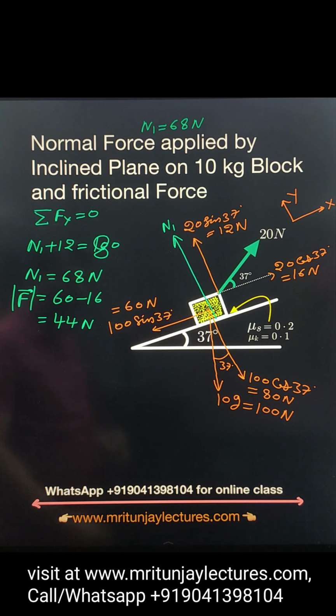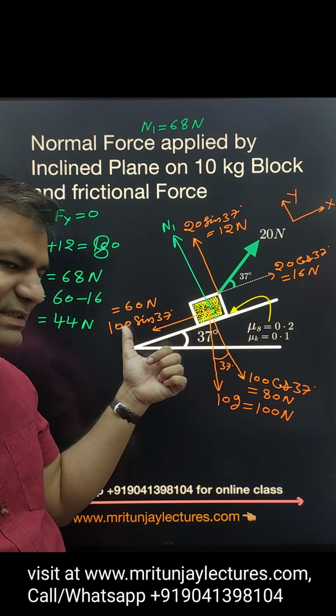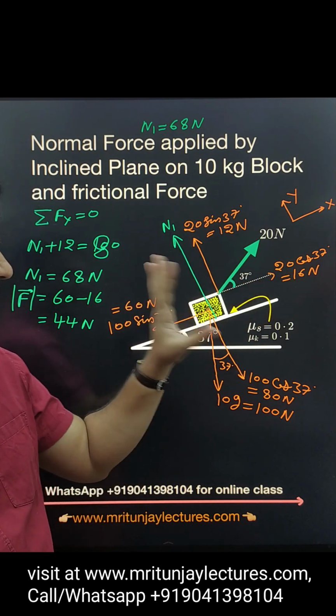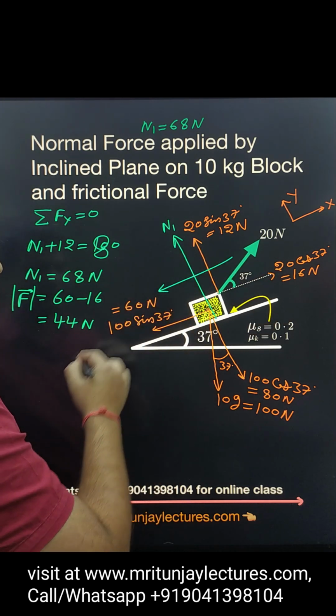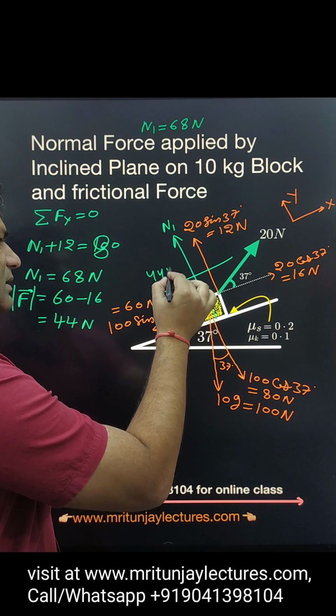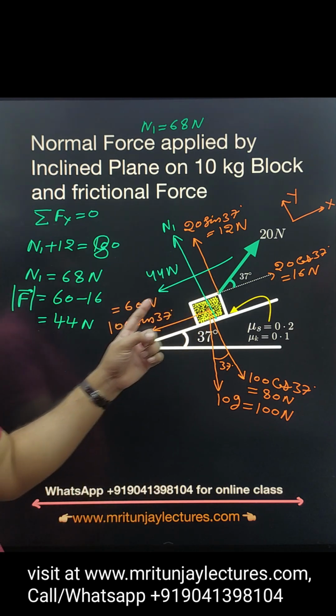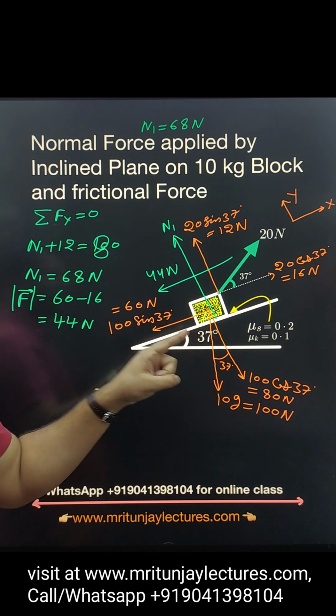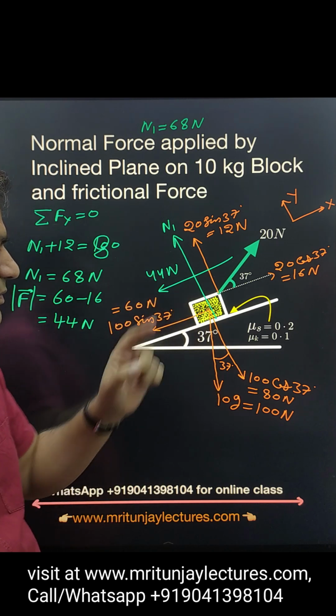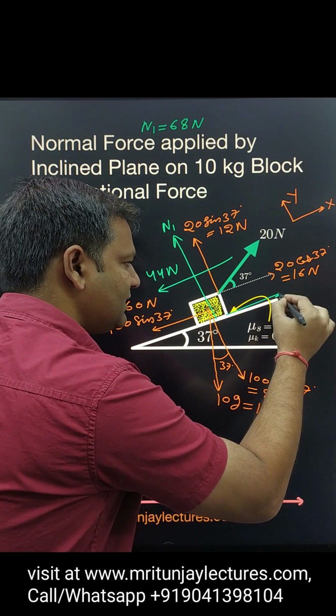Okay, if this block is moving in this direction, the driving force is in this direction, 44. So the friction force is developed in the opposite direction of the driving force. So the friction force direction is like that one.